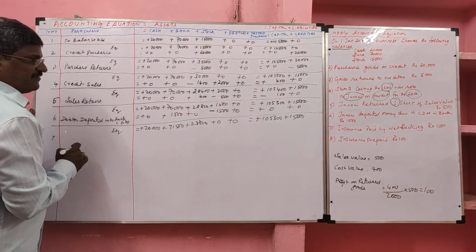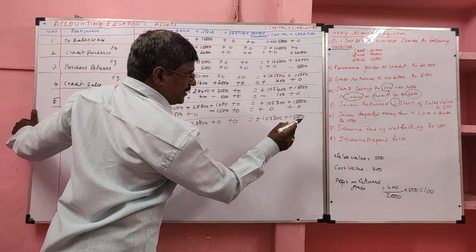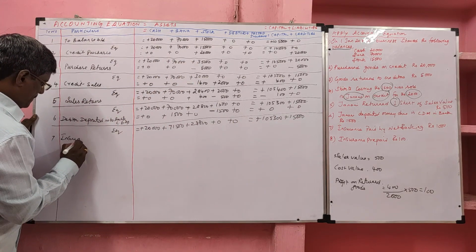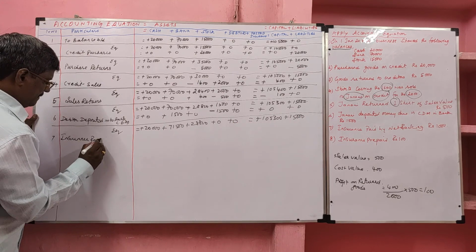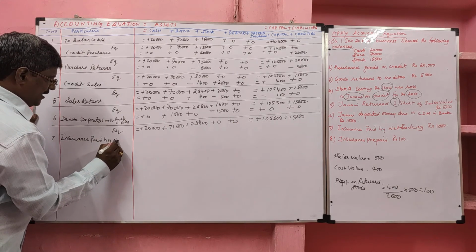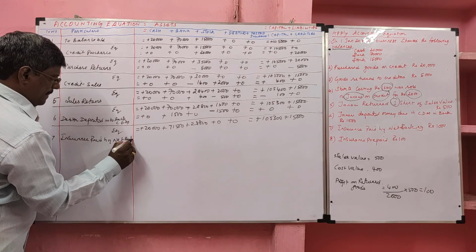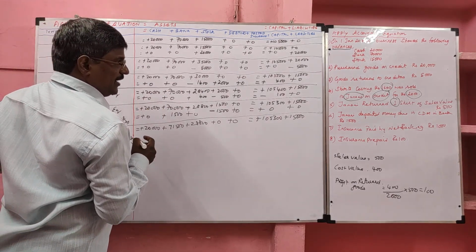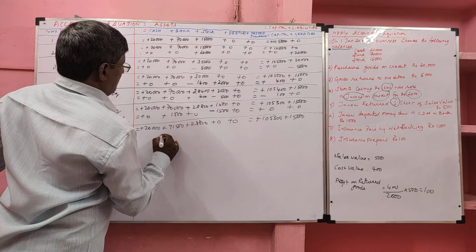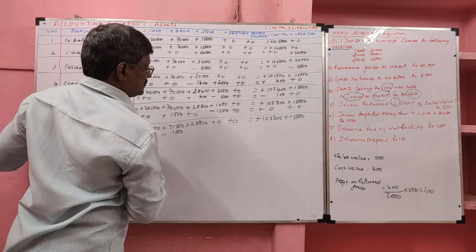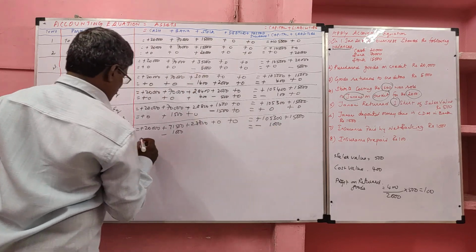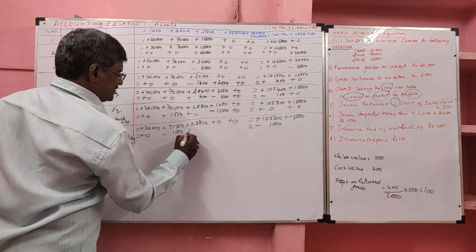Next, transaction 7. Insurance paid by net banking. So we paid insurance by net banking. Our bank balance will reduce and capital also will reduce since it is an expense. So other item we can mark as 0.